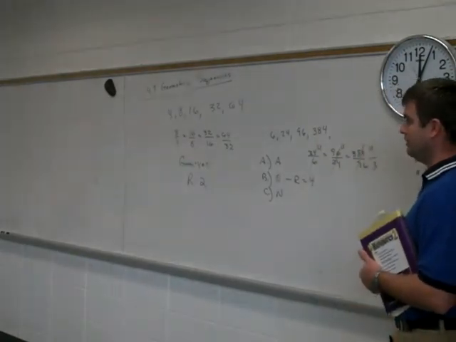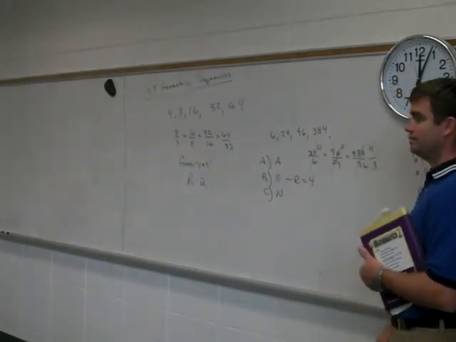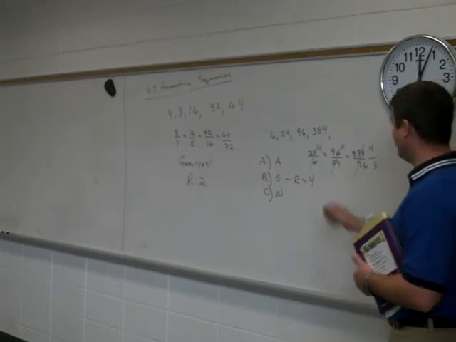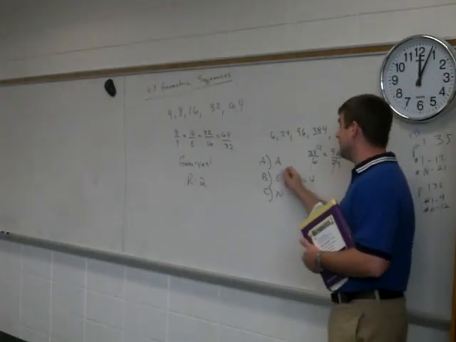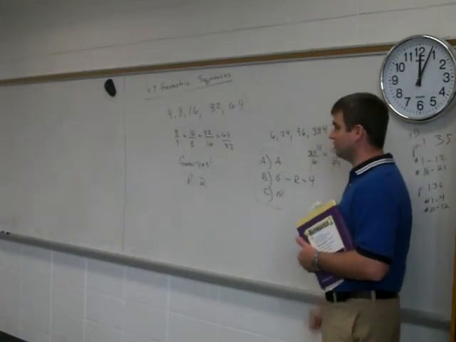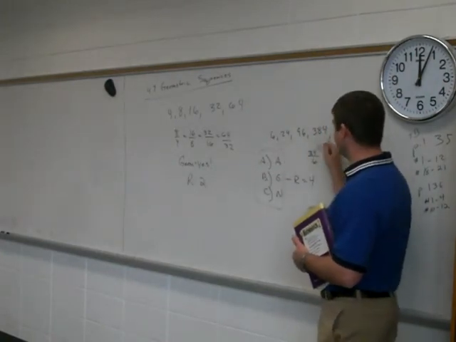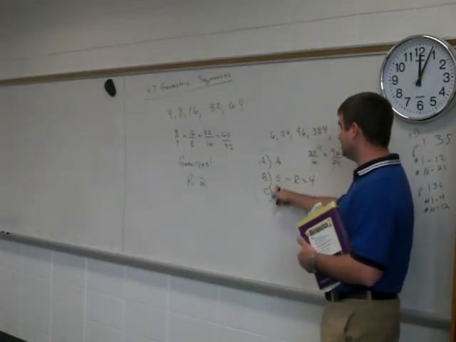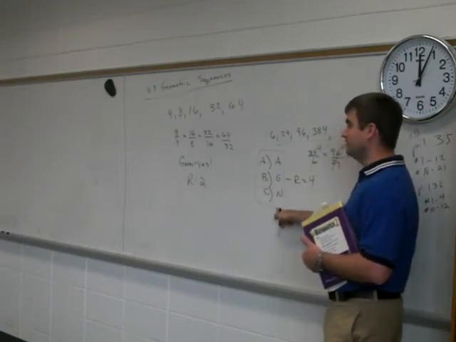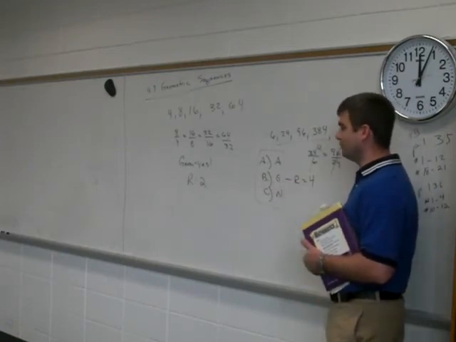Anybody else? Corey? You have a question? I thought you had a question. Anybody else? A would be arithmetic. See, this is how I'm going to pose the question on the test. I'm going to give you these numbers and I'm going to say, is it arithmetic, is it geometric, or is it neither? A, B, C. You would pick one of the three.